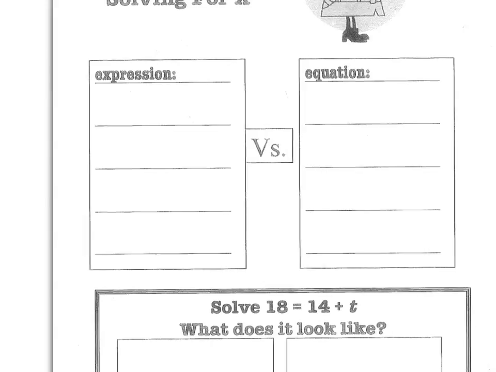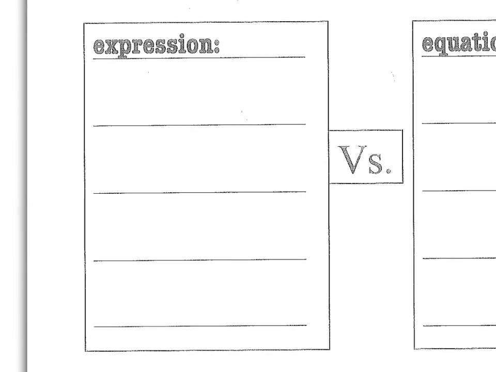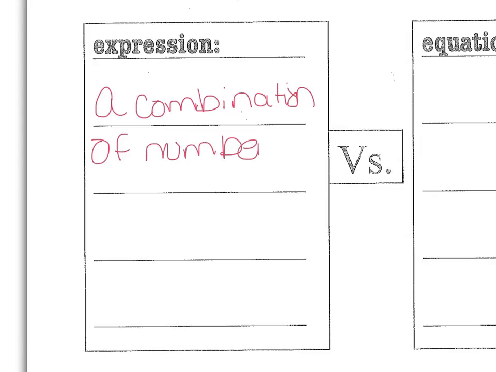Okay? An expression is simply, and you should know this already from the things that you've done in writing expressions, simplifying expressions, factoring expressions. But a formal definition is it is a combination of numbers and operations. That just means things we do to numbers mathematically, addition, subtraction, multiplication, division, that kind of stuff.